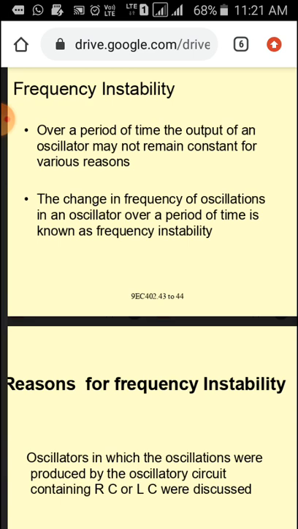Over a period of time, the output of an oscillator may not remain constant for various reasons. The change in the frequency of oscillations in an oscillator over a period of time is known as frequency instability.